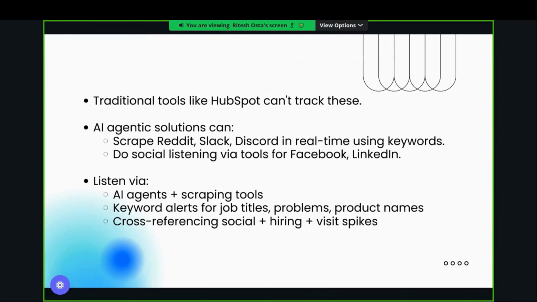So still there are channels which are not very easy to track, but now we have scraping and AI agentic solutions you can put out. On top of that, there is a lot of data now available on platforms like Factors and 6sense and Clearbit, and you can call out those platforms, pass this data and find out more information about those data as well. Okay, so I want to talk a little bit more on that. Let's move on to the next one.